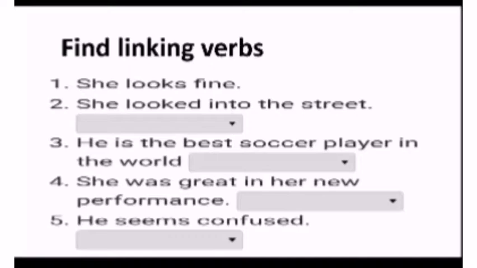He is the best soccer player in the world. Again, it is about that person's existence. What he is: the best soccer player. So it is a linking verb. She was great in her new performance. Same, linking verb. He seems confused. Remember, to become, to seem, linking verbs.